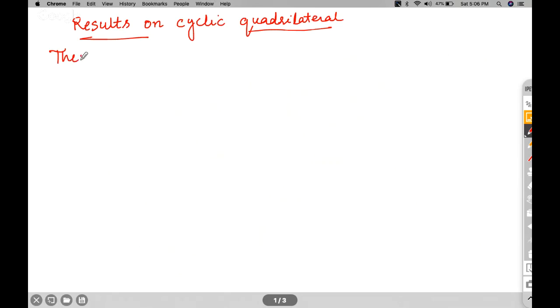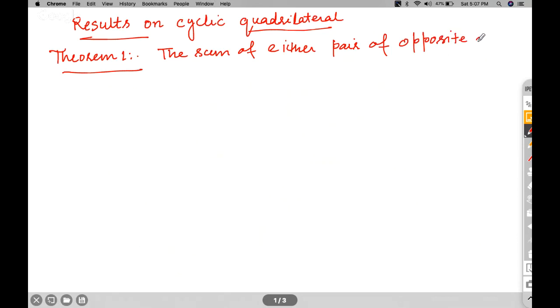So theorem 1 is: the sum of either pair of opposite angles of a cyclic quadrilateral is 180 degrees.